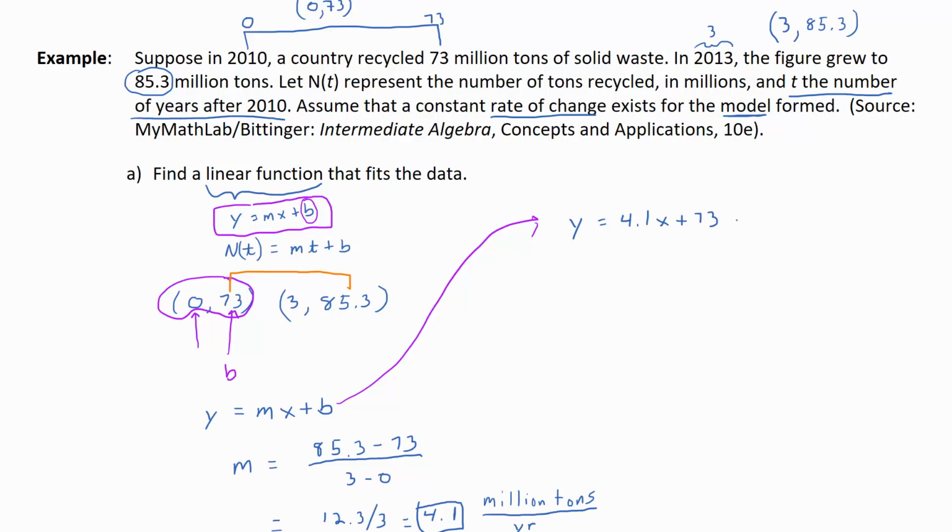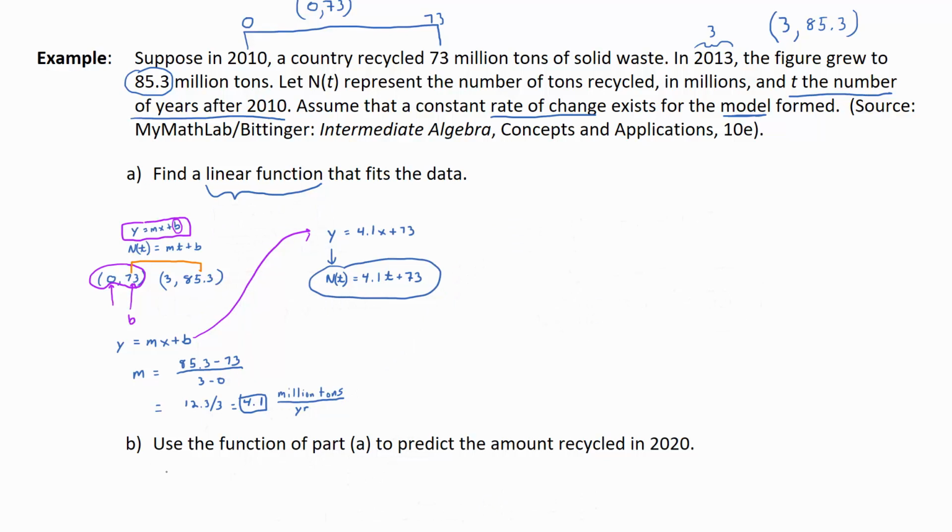But you were told to write it as a function n of t. So replace y with n of t. And then that automatically means the input, instead of x, it's got to be t. So the way you're going to have to write your final answer, n of t equals 4.1t plus 73. That's your linear function that models the data.